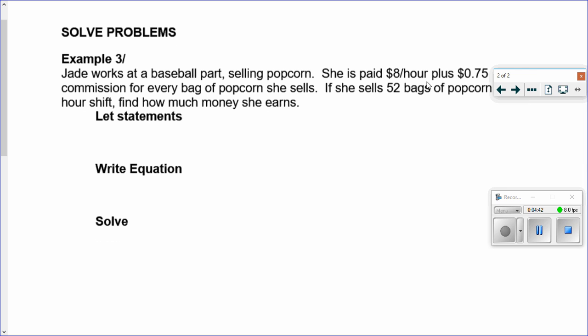All right. Jade works at a baseball park. She's paid $8 an hour plus 75 cents commission for every bag of popcorn she sells. If she sells 52 bags of popcorn in a 4-hour shift, how much money is she going to earn? Now, one thing I learned is that a lot of people don't know how to calculate commission. Last year, I thought people would know it.